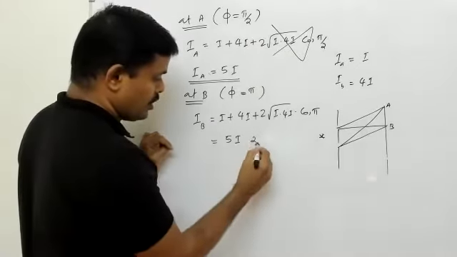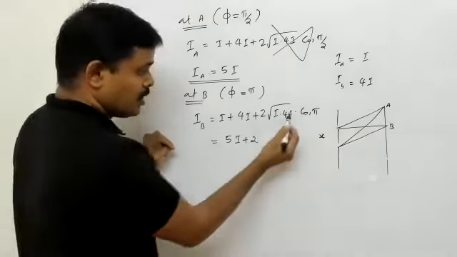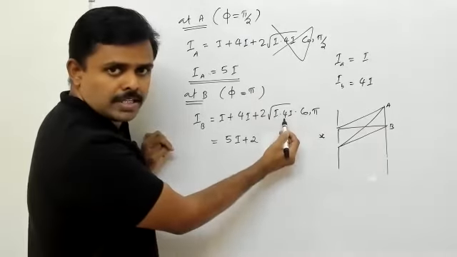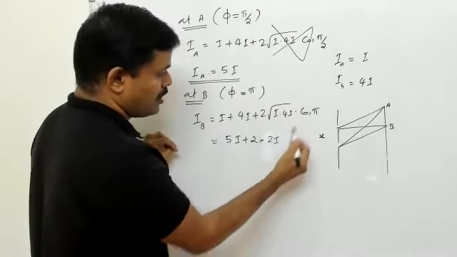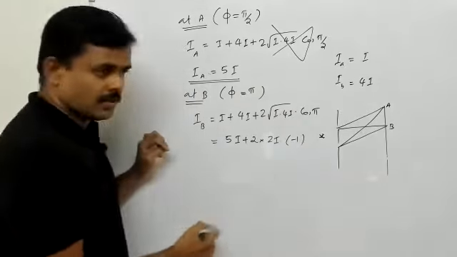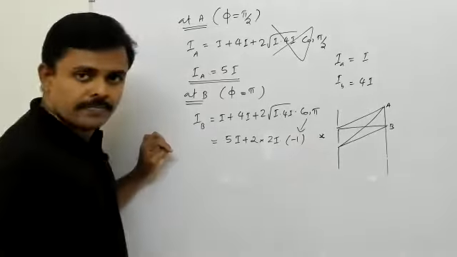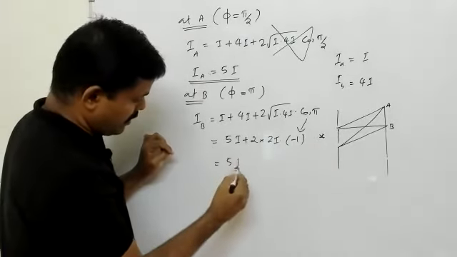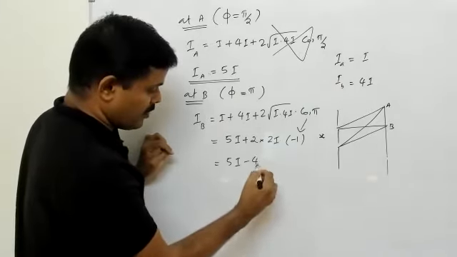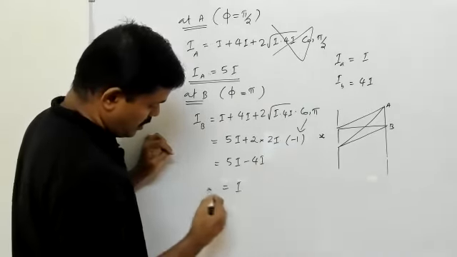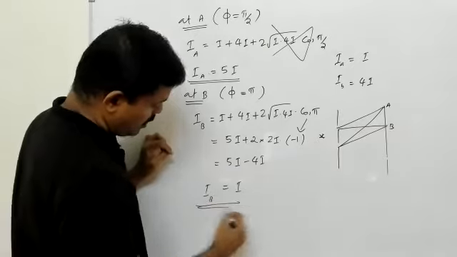Then plus 2 into the square root of 4I into I, 4I square, which is 2I, into cos pi. Cos 180 is minus 1. So this is 5I, 2I into 2, 4I, times minus 1, minus 4I. That is I. So you got IA, you got IB.